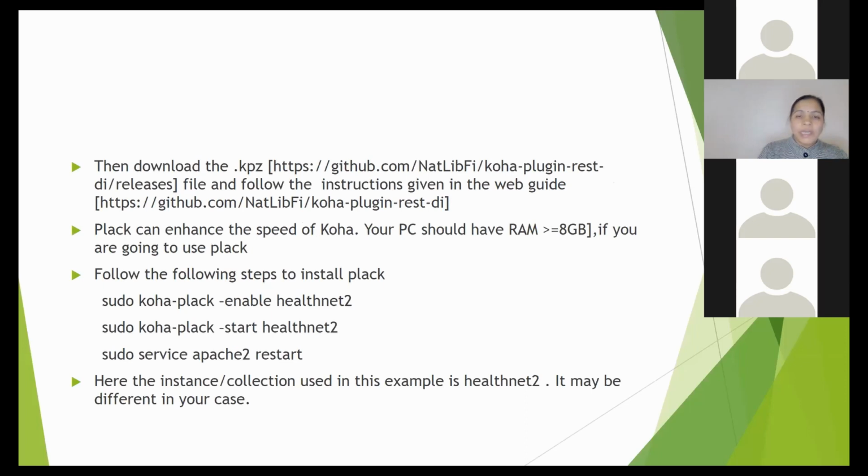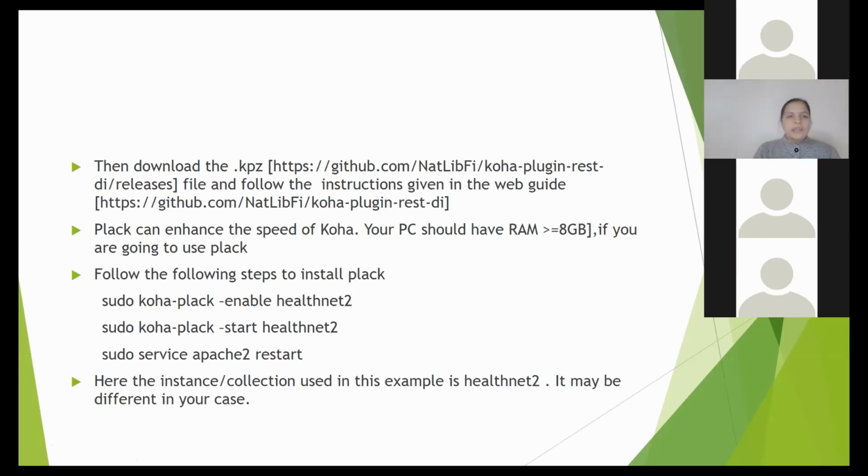For this, the PC should have RAM greater than or equal to 8 GB. To install the plugin, we should run koha-plack --enable healthnet2 and koha-plack --start healthnet2, and we have to restart the Apache service. Healthnet2 is an instance or collection name for this purpose. It may be different in your case.